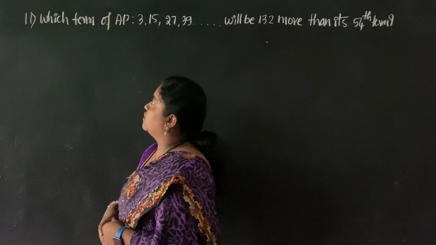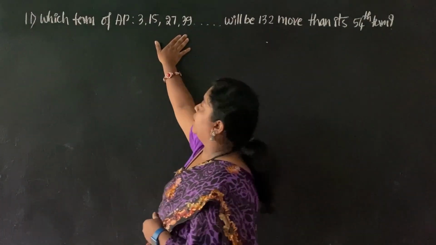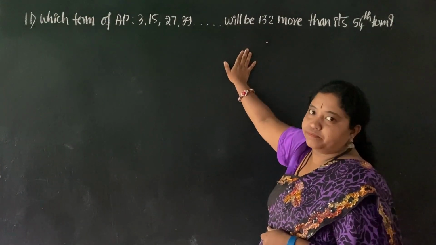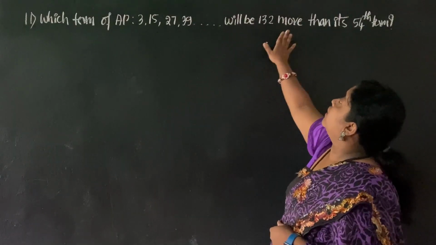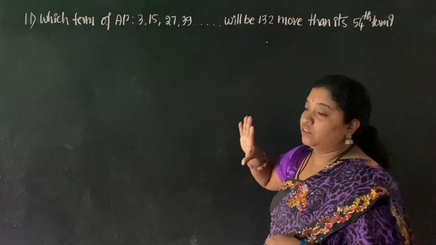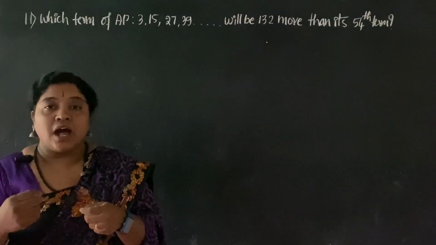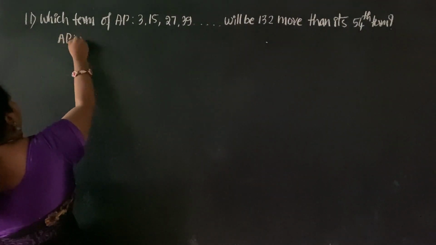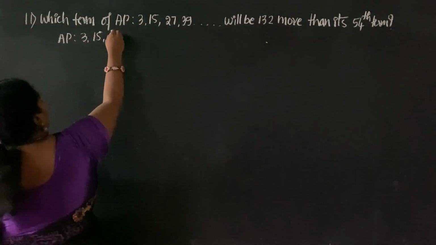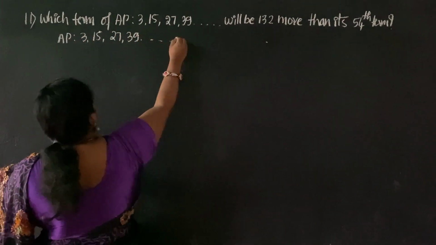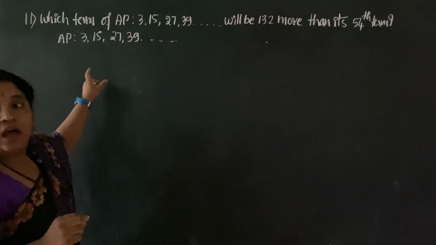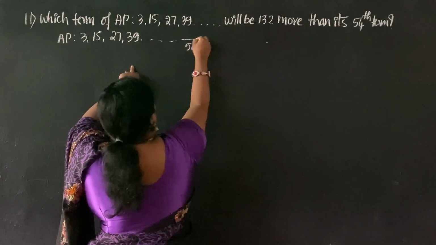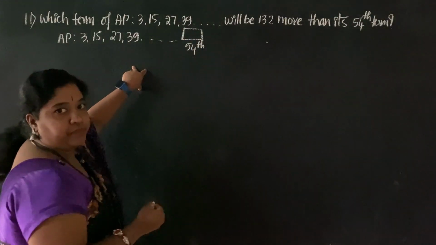What does the 11th question say? Which term of the AP 3, 15, 27, 39 and so on will be 132 more than its 54th term? So the question analysis is a little bit important. There is an AP: 3, 15, 27, 39 and so on. In this AP, we will be having the 54th term.